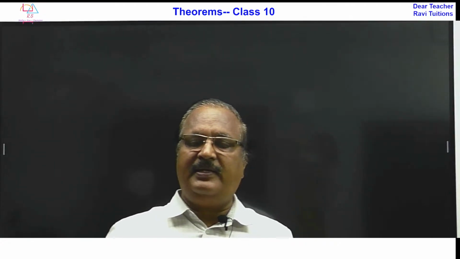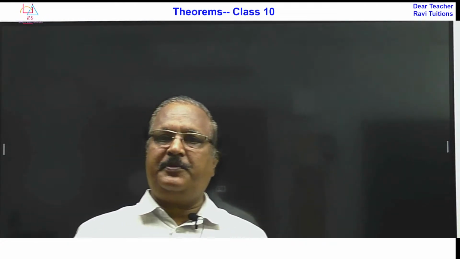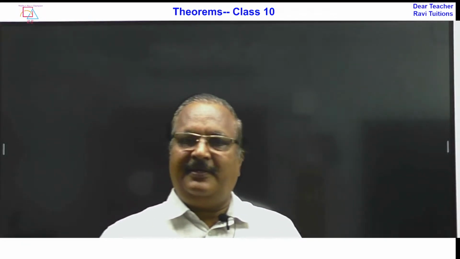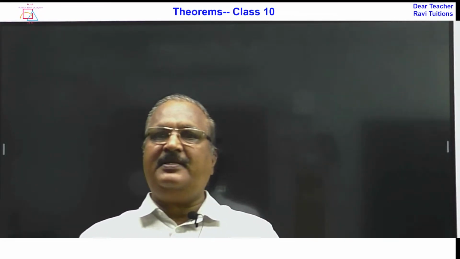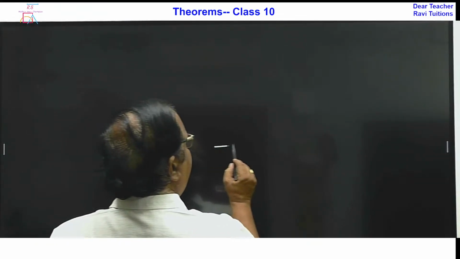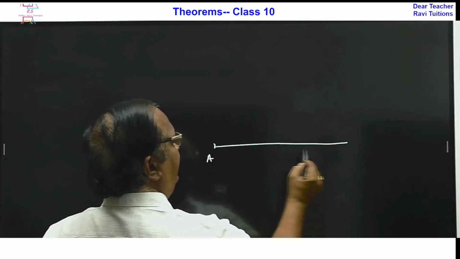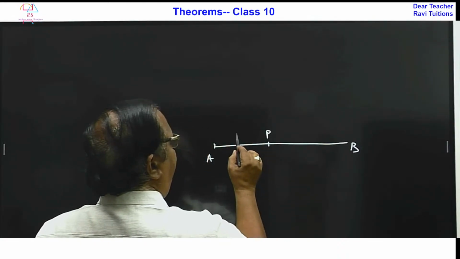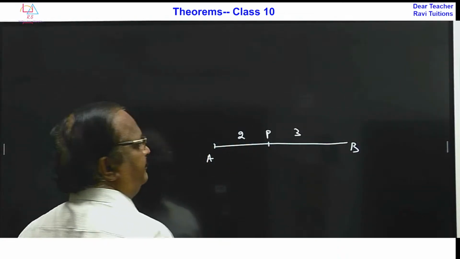In similar triangles, there is one more important concept, dividing the line segment in the given ratio, right? For example, this is the line AB, mark a point P in the ratio 2:3.